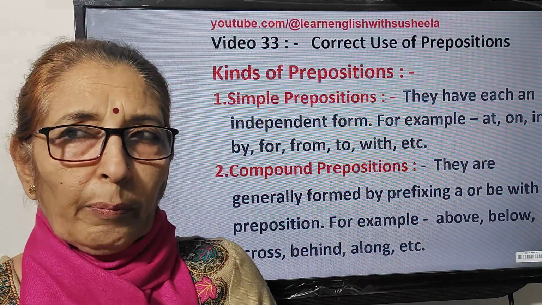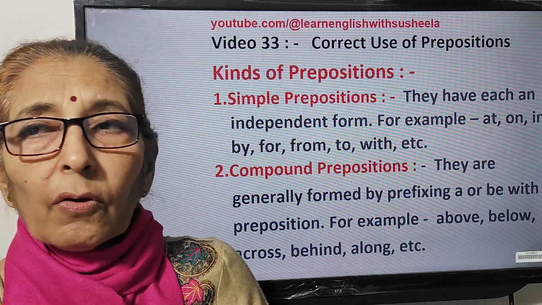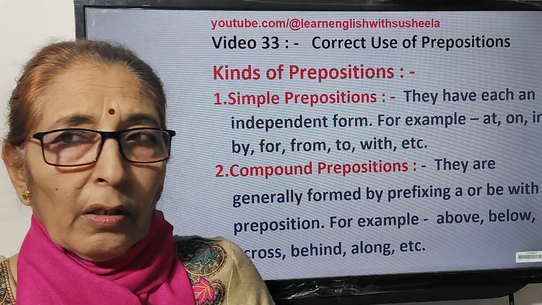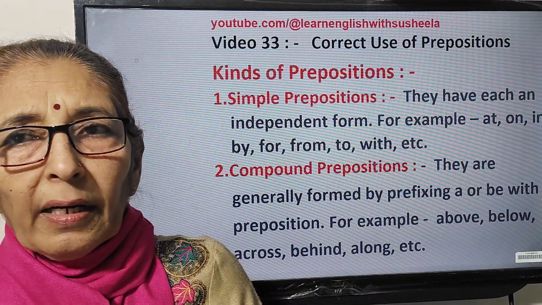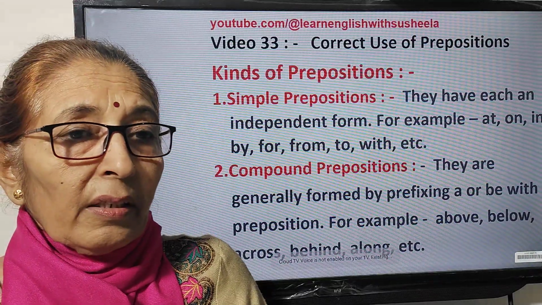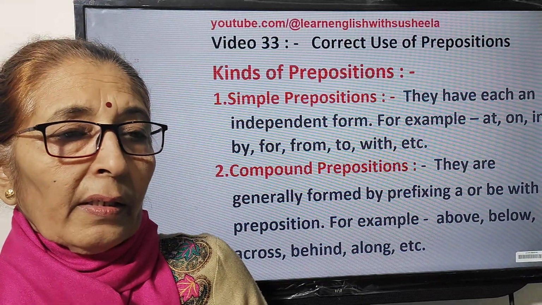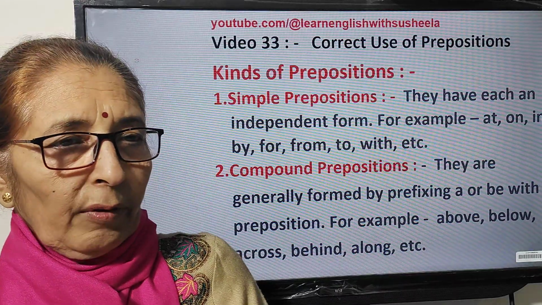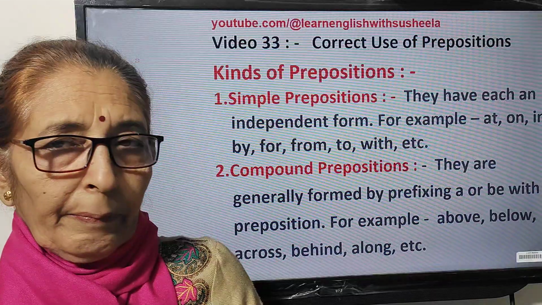Next, compound prepositions. They are generally formed by prefixing a or be with a preposition. For example, above, below, across, behind, along, etc. Example: the river is flowing above the danger level. Below: his English is below average, or her job is below her dignity.